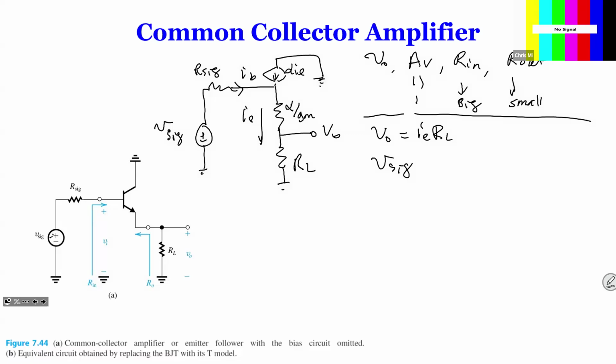So VSIG equals IB times RSIG plus IE times alpha over GM plus IE times RL. Now, of course, we know that IB equals IC over beta, and IC is alpha times IE, divided by beta.